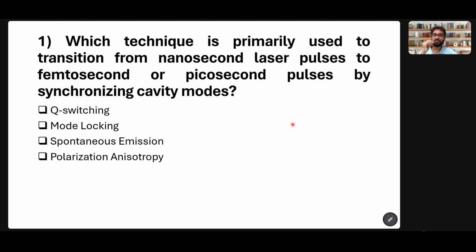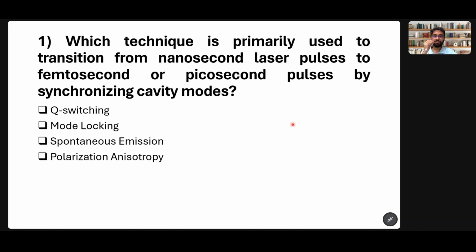So, first question, which technique is primarily used to transition from nanosecond laser pulses to femtosecond or picosecond pulses by synchronizing cavity modes? The options are Q switching, mode locking, spontaneous emission, and polarization anisotropy. The keyword here is synchronizing cavity modes.